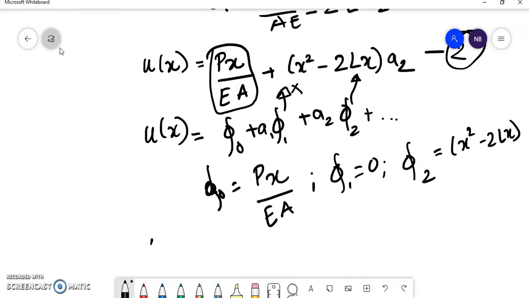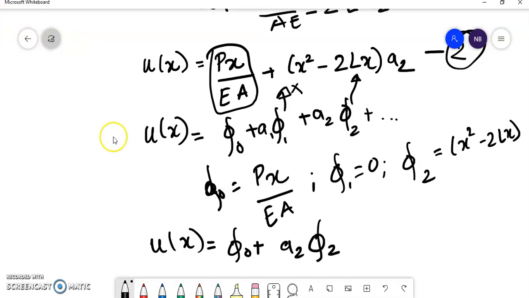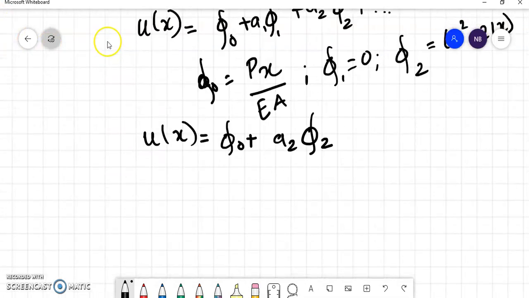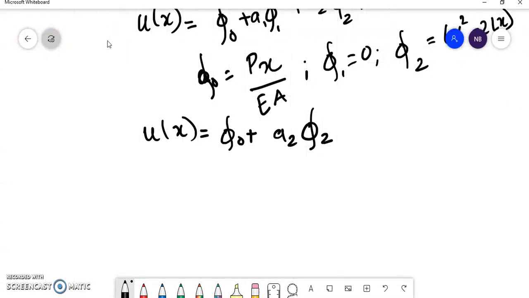So if we write this equation in terms of phi, it will be only phi 0 plus a2 phi 2, since there is no phi 1 term in this equation of displacement.